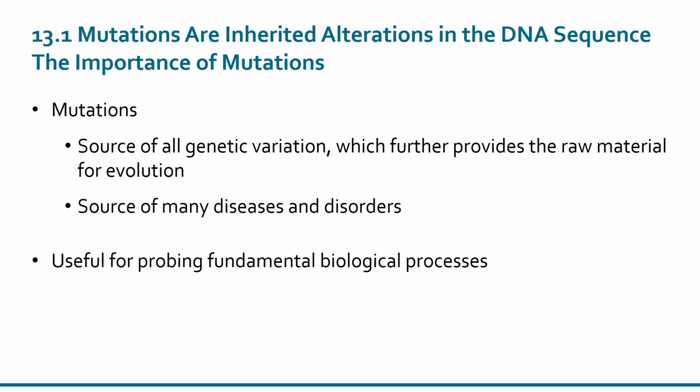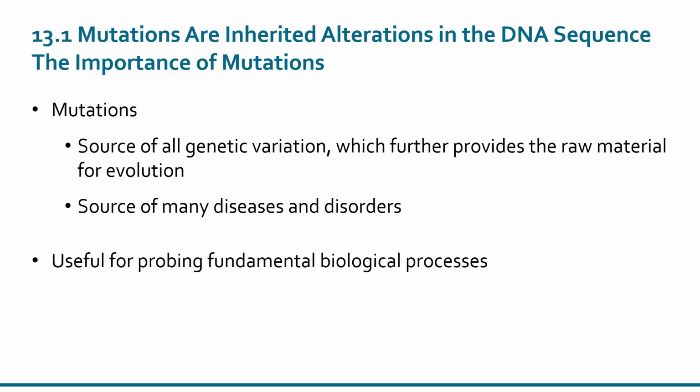But mutation is the only way that we get new variation. This is as opposed to shuffling the current variation. So with mutation, we can end up with brand new alleles. Now, sometimes they're good, sometimes they are not good, sometimes they stay in a population, other times they don't. It just depends on how evolution works on those mutations.